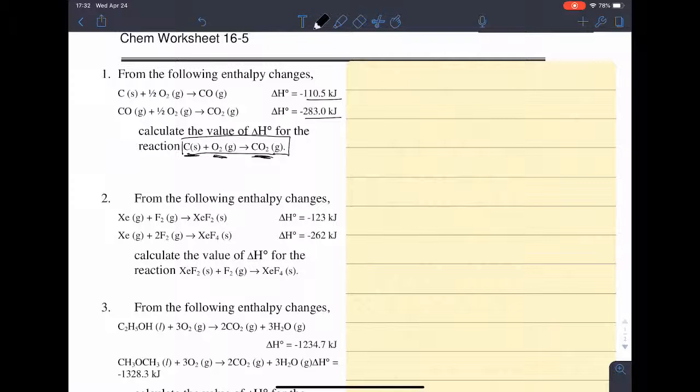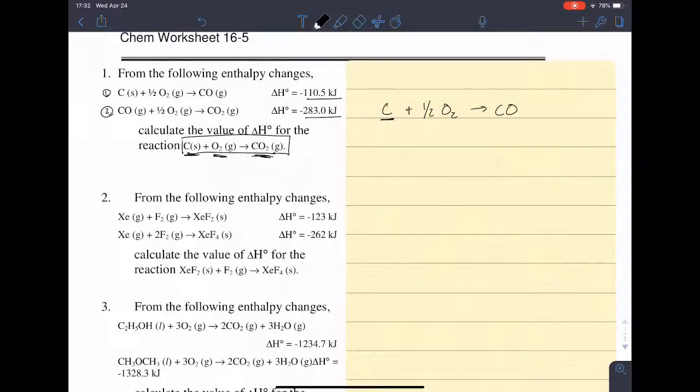So first, I look at my first reaction. I usually like to label these 1 and 2, just so you can keep track. I'd say carbon plus 1/2 O2 makes CO. Now, I know for sure that carbon's in the right spot, so I'm okay with that right now. And carbon monoxide isn't in the final reaction, so that's something I need to cancel.